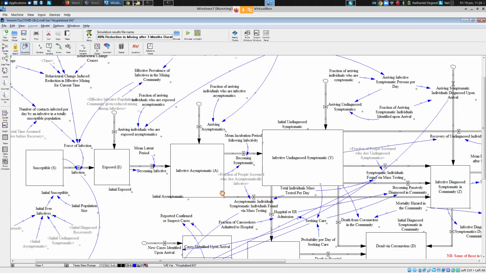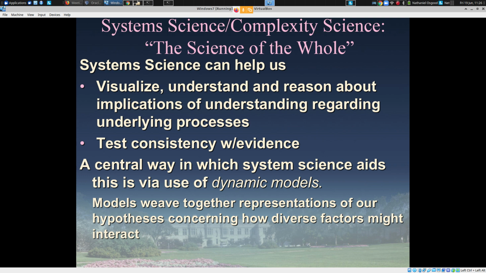And that's because this model is articulated according to the principles of what's known variously as system science, that's the preferred NIH term, or complexity science, a somewhat older term. I find both attractive for different reasons. I like to term this the science of the whole. It's about the whole.